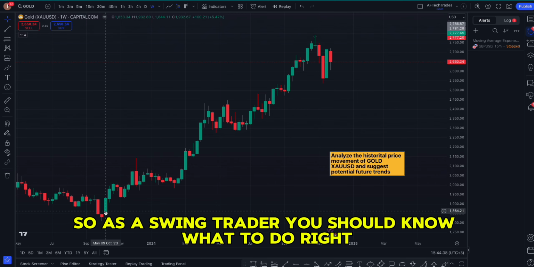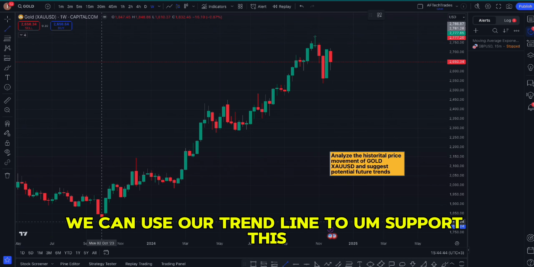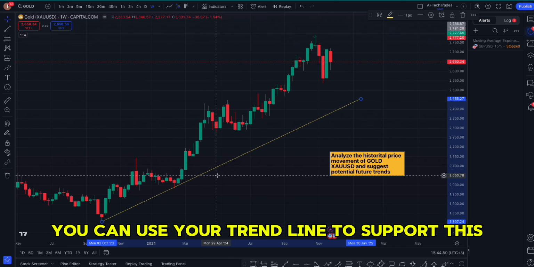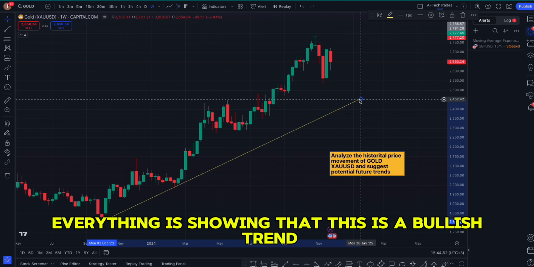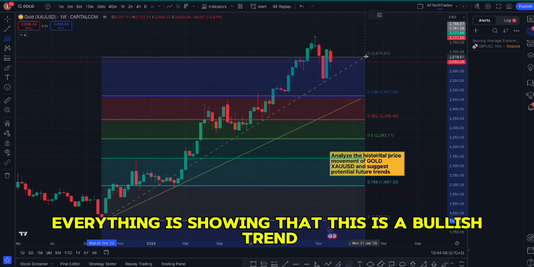So as a swing trader, you should know what to do, right? And like we said, you can use your trend line to support this. You can see that everything is showing that this is a bullish trend.